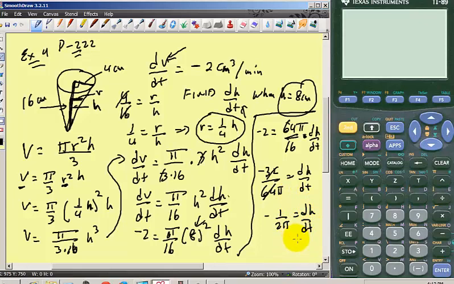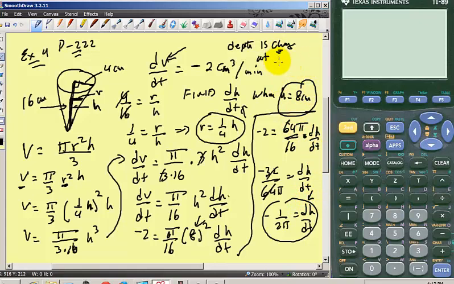Right. So I'm going to have to write this as a sentence, and I have to write the depth because that's what they're asking. So I say depth is changing at, now when I use the word changing, I can just take the answer that I get as is with the negative sign and write it down.